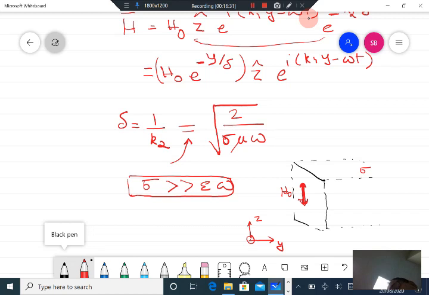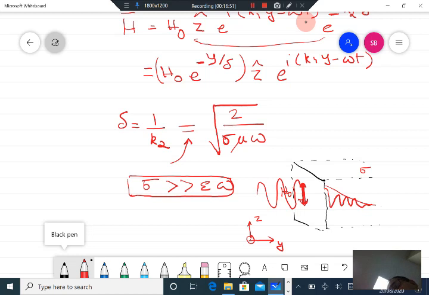So this is your initial H naught, which is falling on this metal surface, which has a conductivity sigma. And then what happens is that if you look at it inside, this wave which was originally oscillating, once it enters into the material, its amplitude will get exponentially damped.